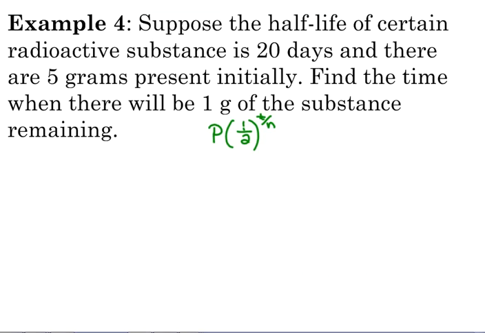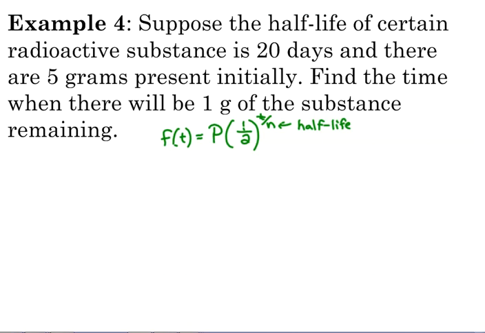N is the length of the half-life. They're not going to expect you to know this one. This is not one that you have to memorize. But it's an exponential model, so I wanted to expose you to it. So there's your formula for half-life.